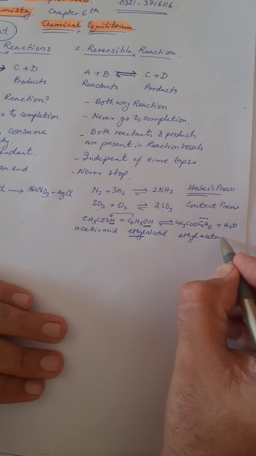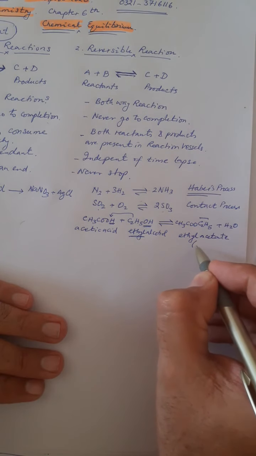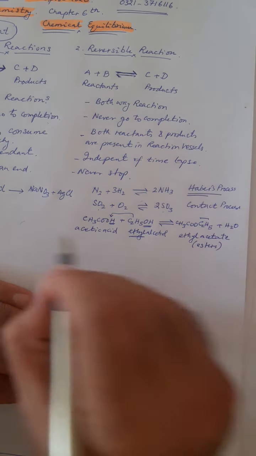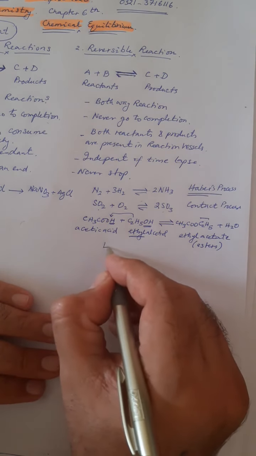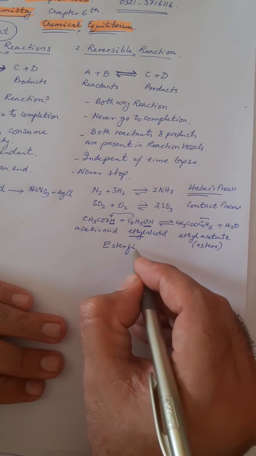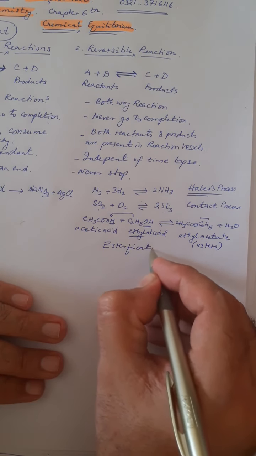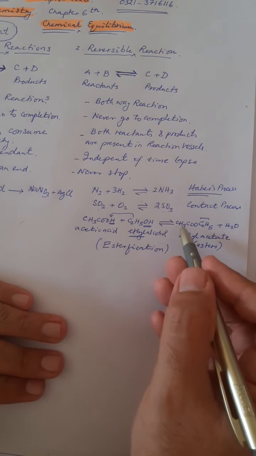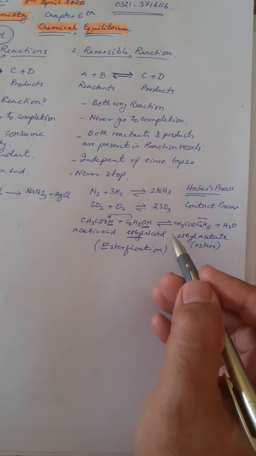Now this is an organic compound and it belongs to a family of esters. This reaction is called esterification, which means formation of ester from alcohol and acetic acid. This is also a reversible reaction.